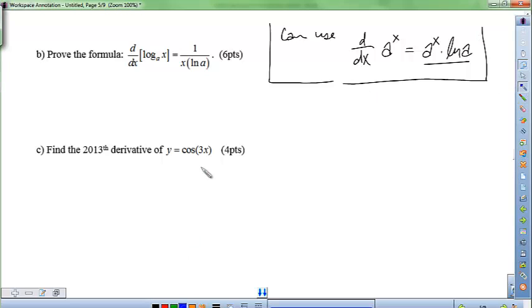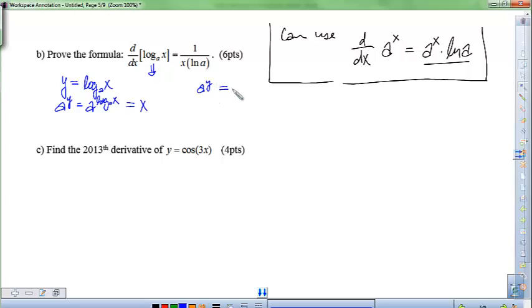So the way we're going to prove this is we're going to assume that this is y, and then we know by the relationship of logs and exponents that if we have this as a power of a and have this as a power of a, your right hand side over here, a to the log base a of x, is equal to just x. That's just an identity. So let's rewrite that. A to the y is equal to x.